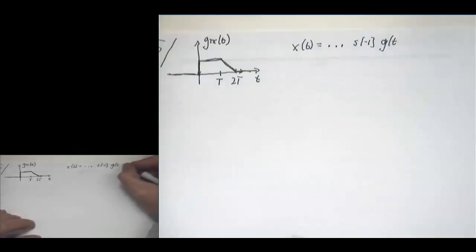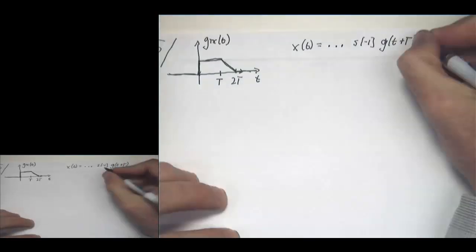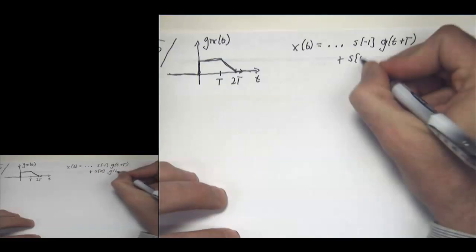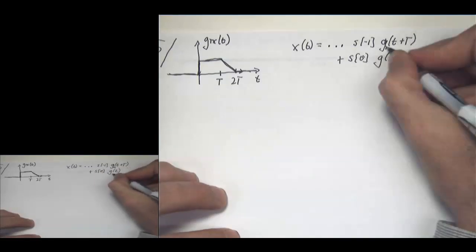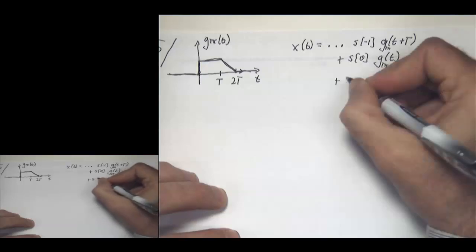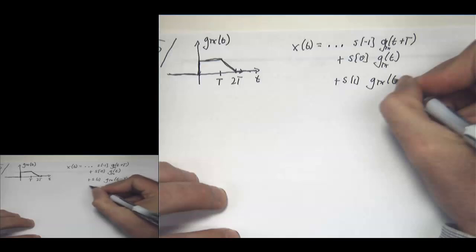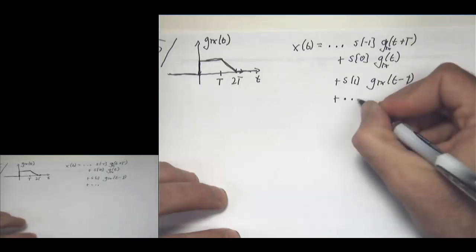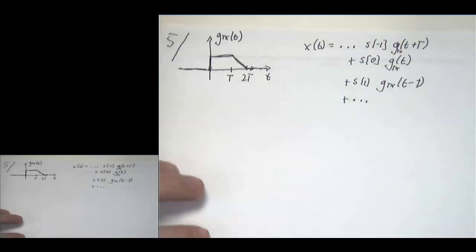So I'm going to put g of t plus t, plus s of 0, which will be g of t, and then s1 will be g tx of t minus capital T, and this whole process continues. So you can transmit a whole infinite sequence of possible symbols.